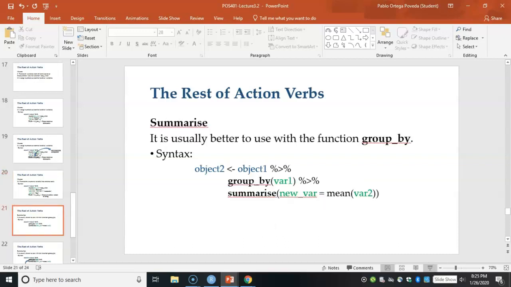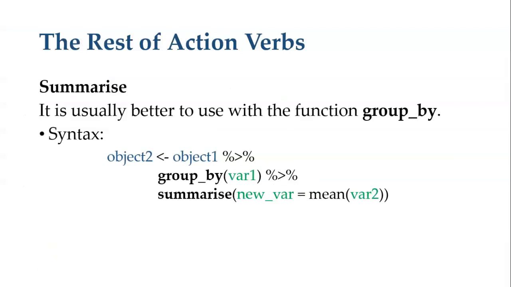Okay, the final function that I want to teach you is the function called summarize. Summarize is used to find descriptive statistics such as the sum of the observations, the minimum value, the maximum value, the standard deviation, the mean, the median, and so on and so forth.